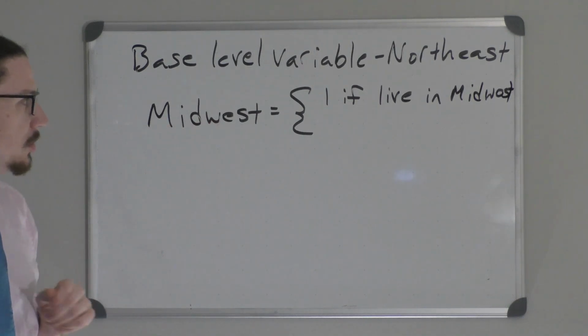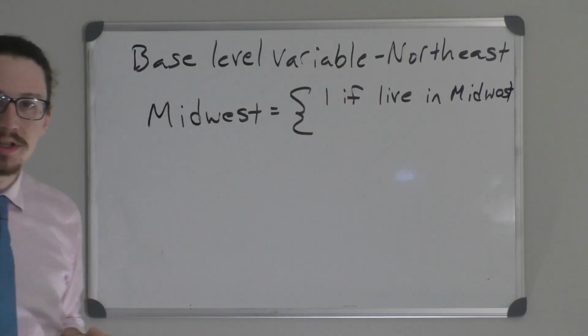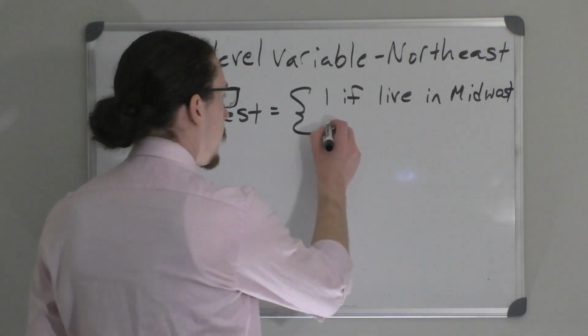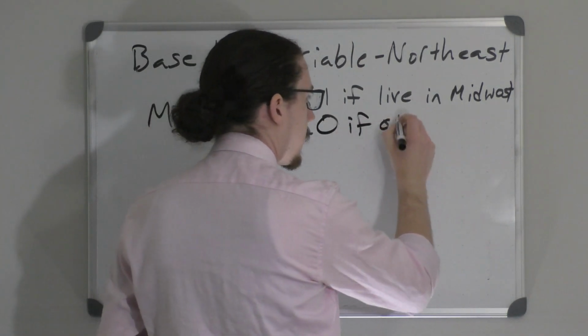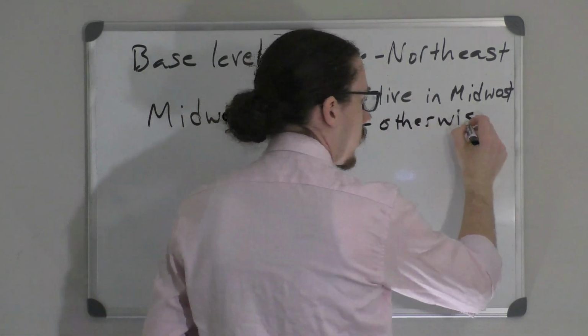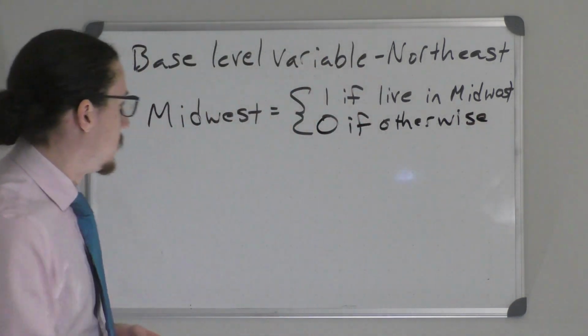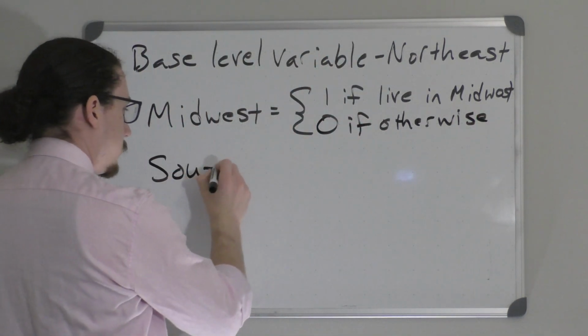our dummy variables. We're going to have one dummy variable that is Midwest, where 1 if the individual lives in the Midwest, and 0 otherwise.